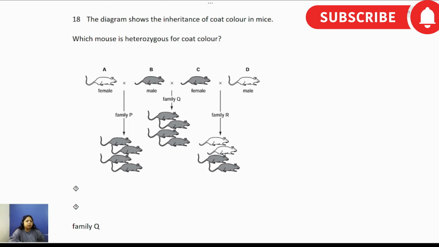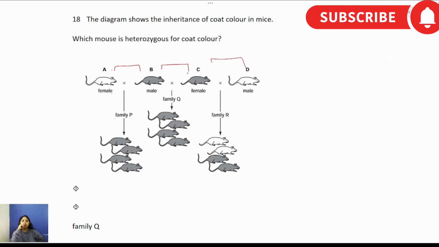Let's have a cross. Just cross these, and cross these. Look at the offspring. Which offspring is showing both traits? Exactly.